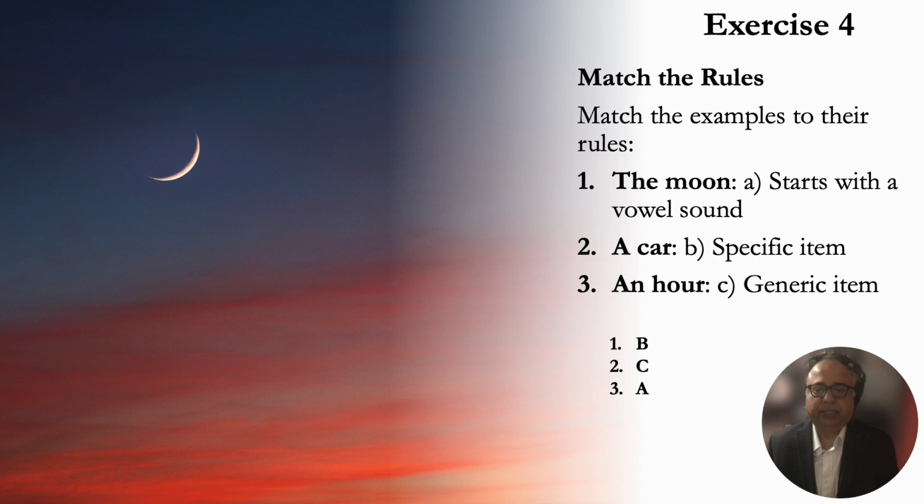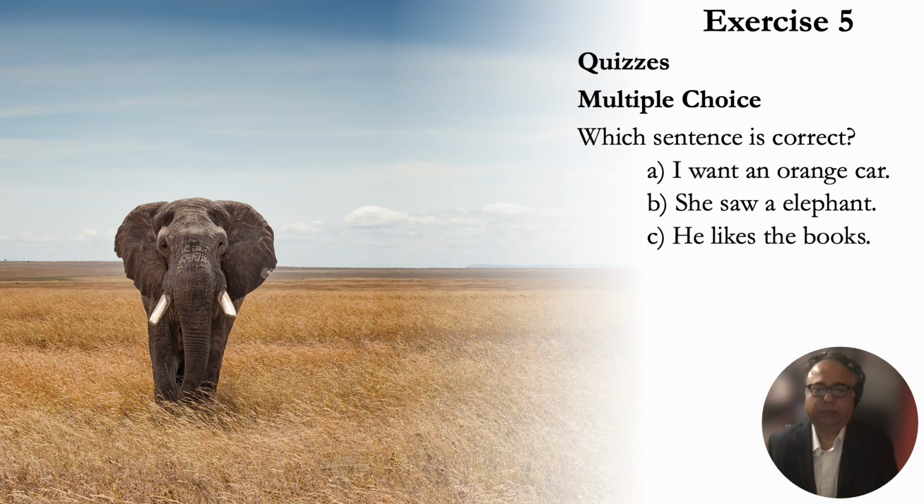Okay, these are the answers to this exercise. The moon. Why do we say the moon, not a moon? Because it's a specific item. There's only one moon, right? Okay. So complete this quiz.